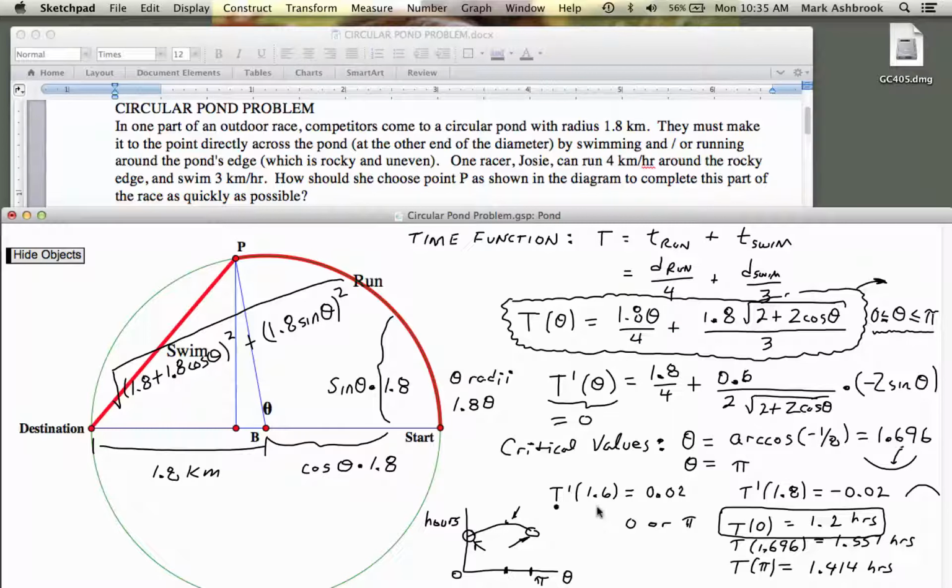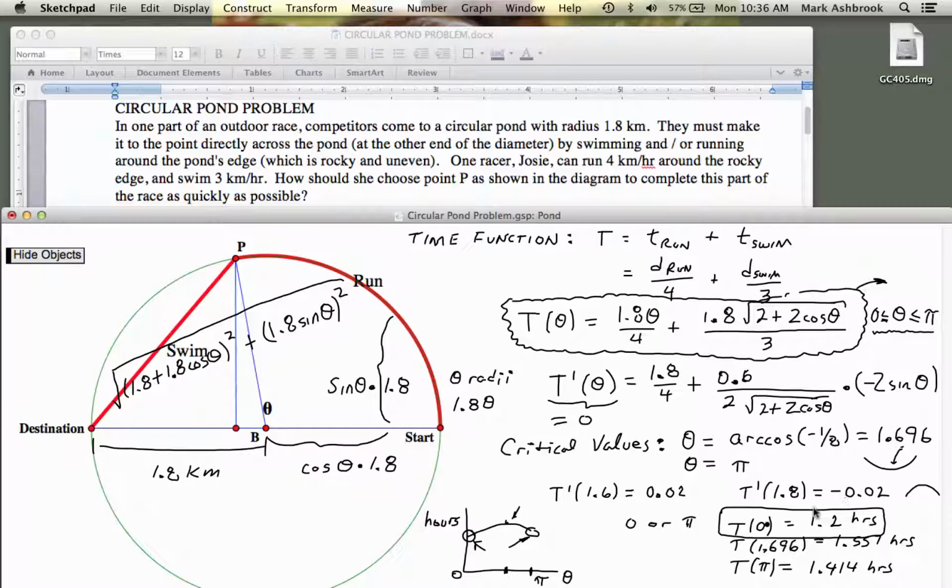And so what this shows is that in a given situation, the maximum or the minimum of a function might not necessarily be at the local max or local min at a critical value. In this situation, we saw the critical value gave a max when we wanted a min. And so what we need to do is check the endpoints of our domain and then compare all the possible outputs of the function to see which truly gives the least value, if that's what we're looking for, or the greatest value, if that's what we're looking for.